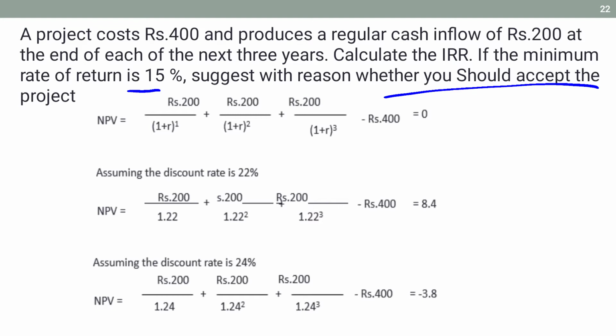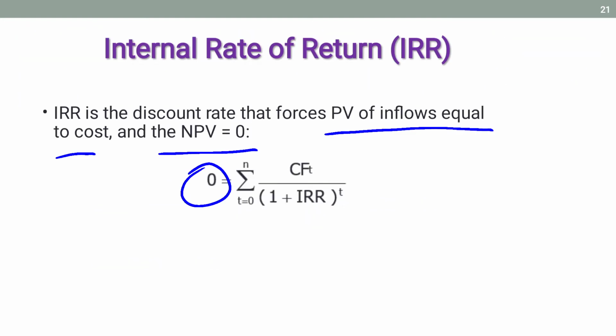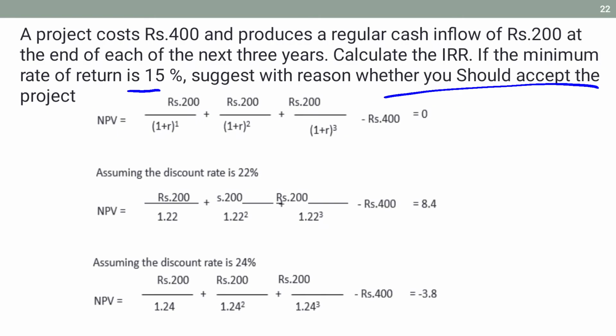Okay, since IRR is the rate at which present value of inflows equals the cost, at which NPV is equal to 0, we have to follow the trial and error method. NPV should be 0.